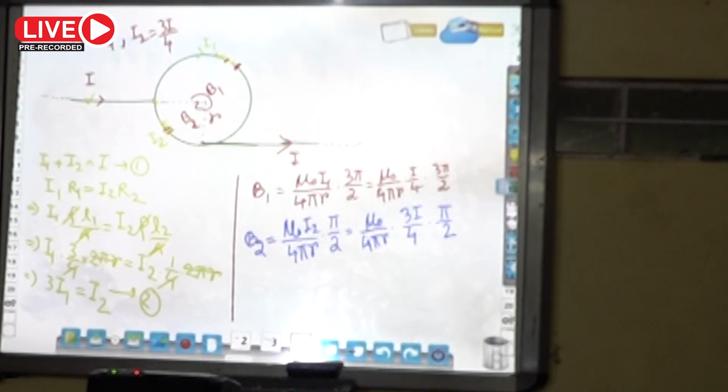Because in the larger arc, current is smaller. The larger arc has larger length, so resistance is large. Large resistance means in parallel combination small current will flow, and the smaller arc has low resistance, so through that large current will flow.